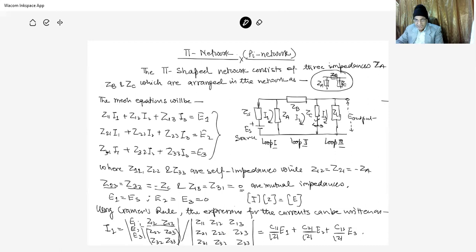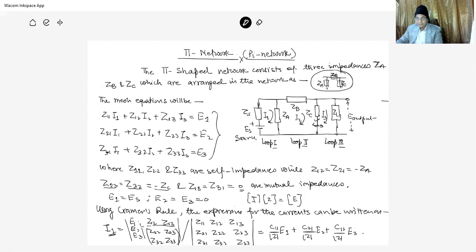If we want to find I1, the loop 1 current, we have to replace the first column of the impedance matrix by the source matrix. The impedance matrix is Z11, Z12, Z13, Z21, Z22, Z23, Z31, Z32, Z33. We replace the first column for I1, so E1, E2, E3 are the elements of this determinant, replacing Z11, Z21, and Z31 in the first column.